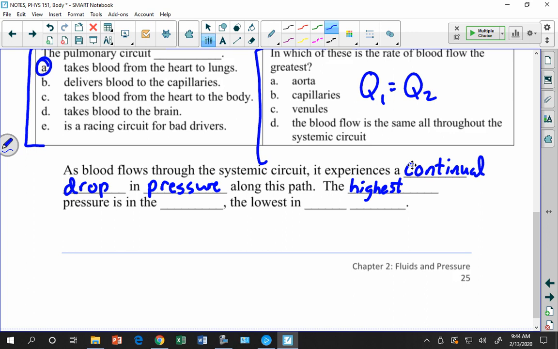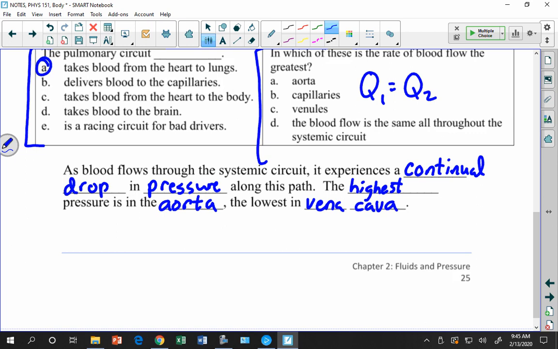That's right, it's in the aorta, because the aorta is the first place the blood goes after it leaves the heart. And so you're going to have that highest pressure just as it squirts out of your heart into the aorta. And then it goes through the whole systemic circuit, goes to your toes and your fingers and all that, and it comes back. Where is the lowest pressure going to be? Right, vena cava.